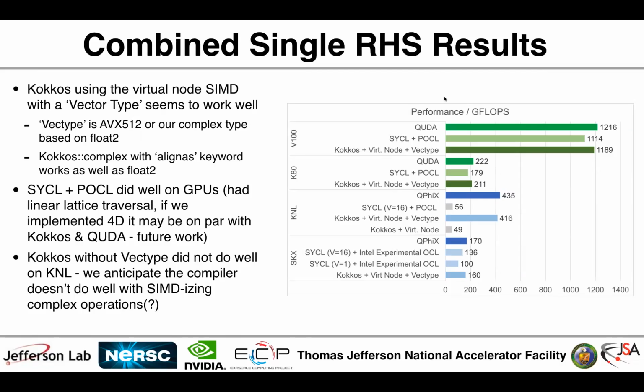Another place where I tested both SYCL and Kokkos was on Skylake systems using the Intel runtime. And there, I think the vectorization still needs a bit of work in terms of my SYCL implementation. But again, Kokkos with the vector type did really very well. And I think the SYCL number that I have here is a little bit immature.